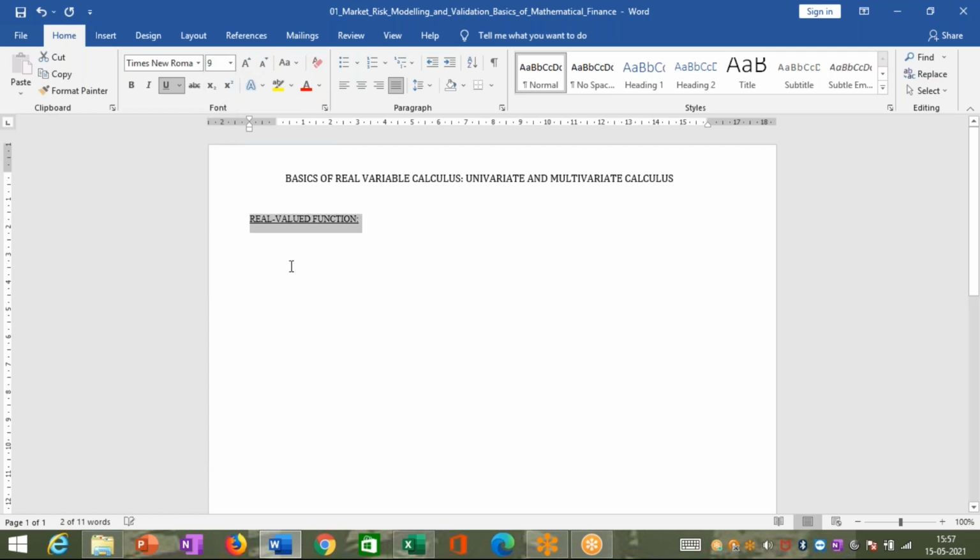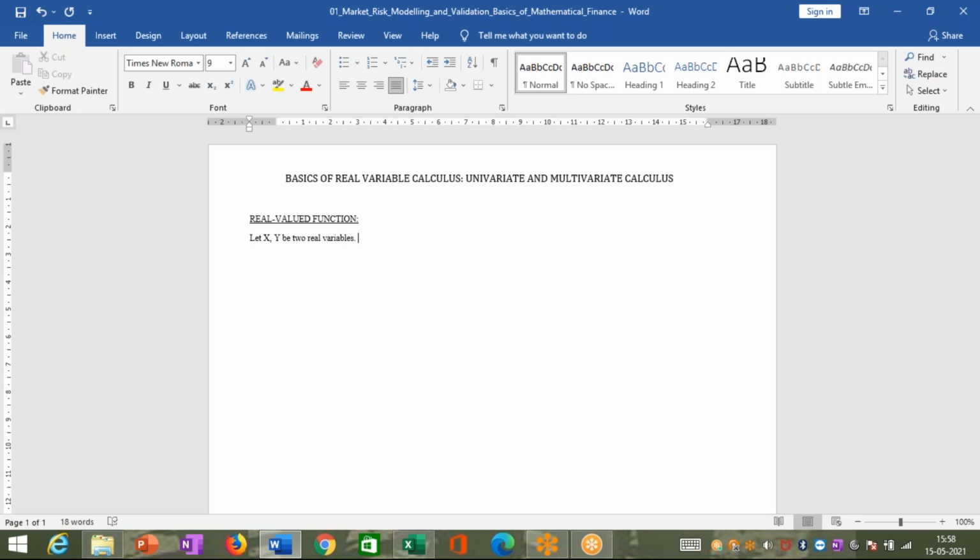In order to define a real valued function, the first thing is to say that let x and y be two real variables. Now the first question is, what do I mean by a real variable?